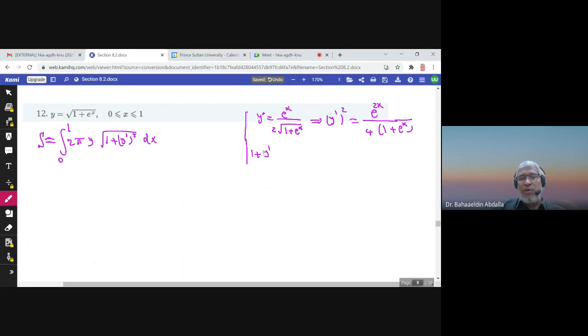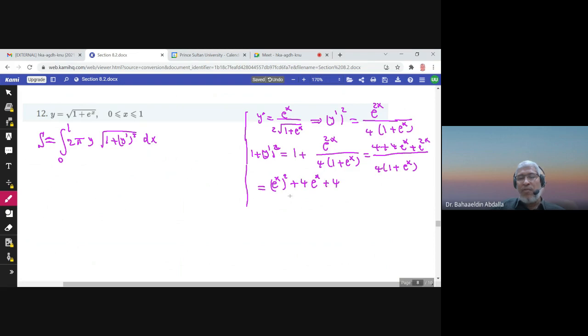And 1 plus y prime square would be 1 plus e to the power 2x over 4 times 1 plus e^x. And this would be equal to 4 times 1 plus e^x, and let me expand, 4 plus 4e^x plus e^2x. And now if you look at these three terms, I have e^x raised to the power 2, and I have 4 times e^x, and I have 4.